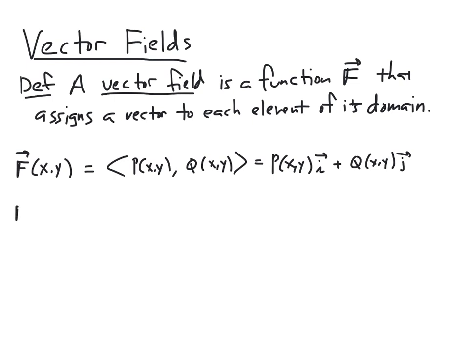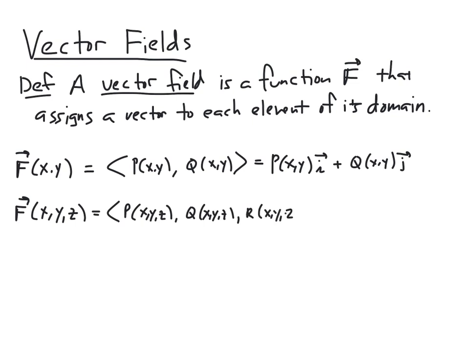Right? Very similarly, if we have a vector field in three-dimensional space, it's F of x, y, z. We're going to call the components P, Q, and R. Again, these are not vector functions. And of course, we can use the i, j, k notation if we prefer the standard basis approach to writing vectors.